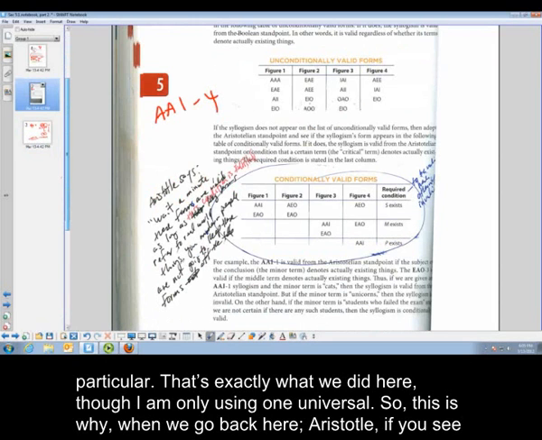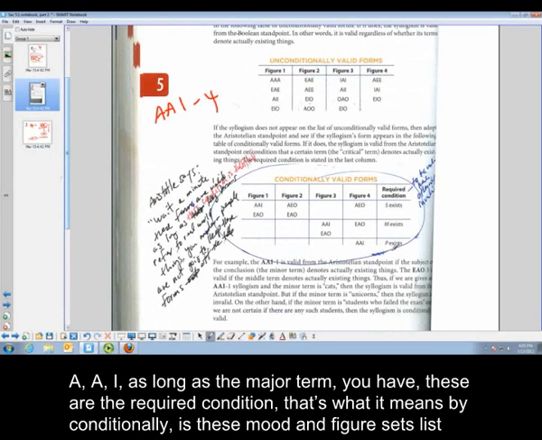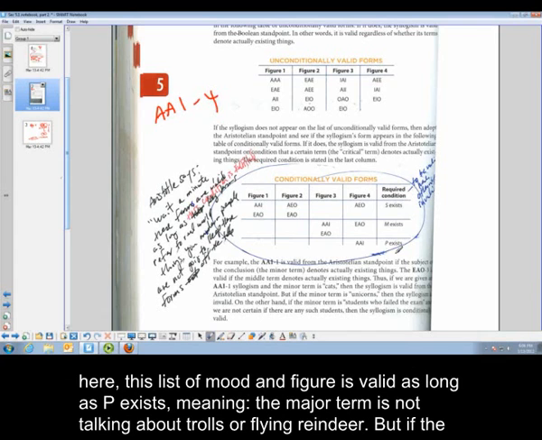So this is why when we go back here, Aristotle, if you see AAI, as long as the major term, you have, these are the required condition. That's what it means by conditionally, is these mood and figure sets. This list of mood and figure is valid as long as P exists, meaning the major term is not talking about trolls or flying reindeer.